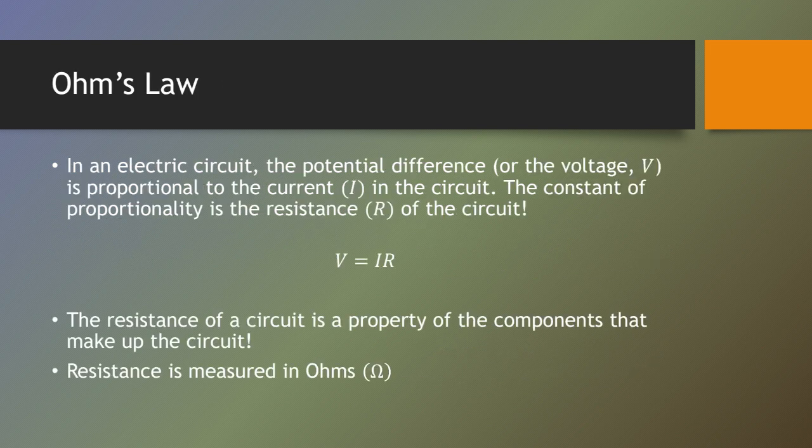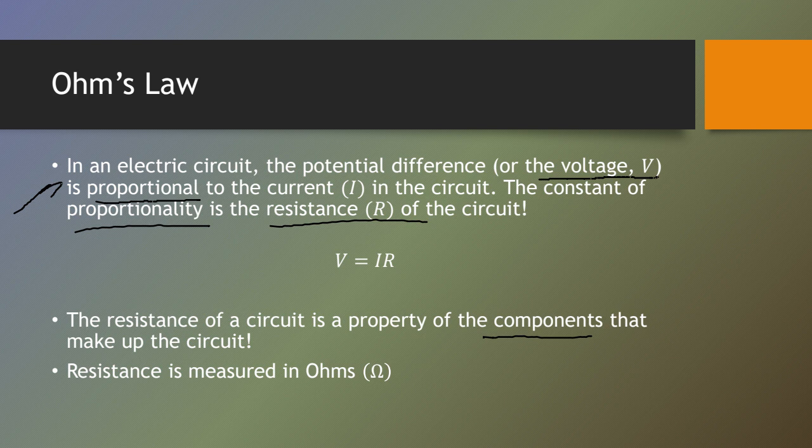We also talked about Ohm's law and electric circuits. In an electric circuit, the potential difference, or the voltage in the circuit, is proportional to the current, and the constant of proportionality is the resistance of the circuit. And the resistance of a circuit comes about from the components that make up the circuit, the wires, sometimes things like resistors and all the other components that are built in.